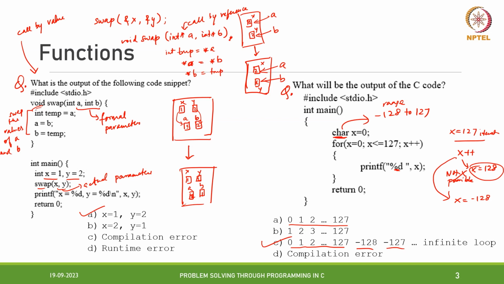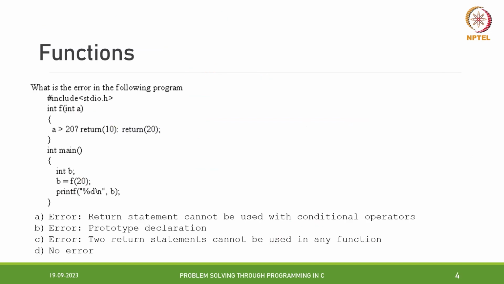Okay, so now that this is clear, let's go to the next question. This is more of a theoretical question. What is the error in the following program? We are defining a function f which is of type int, taking an int as an input, and we are writing a conditional operator.